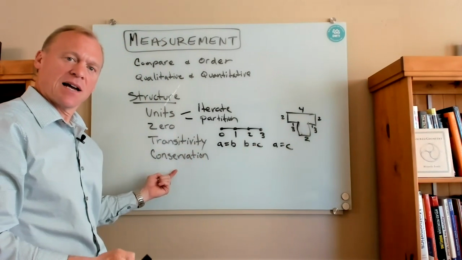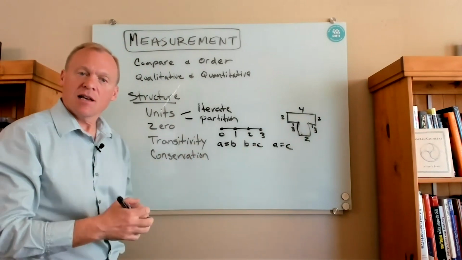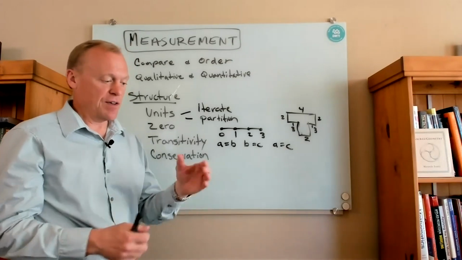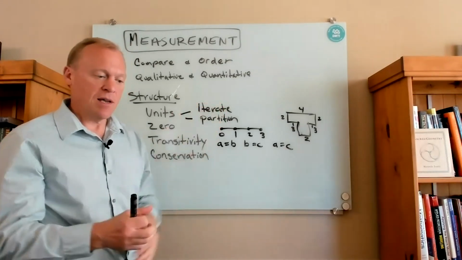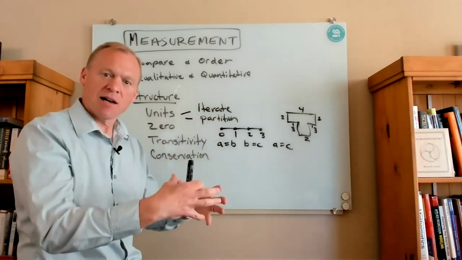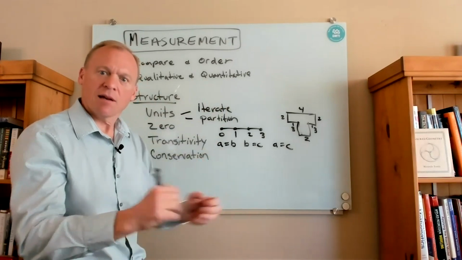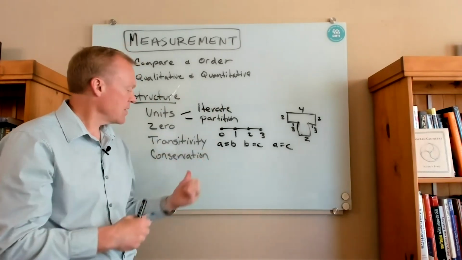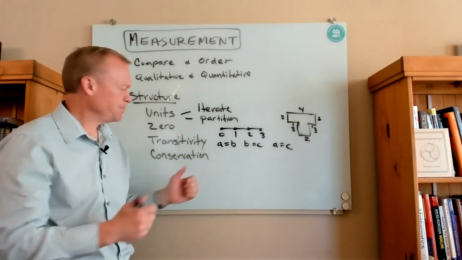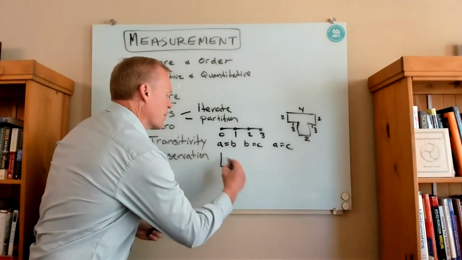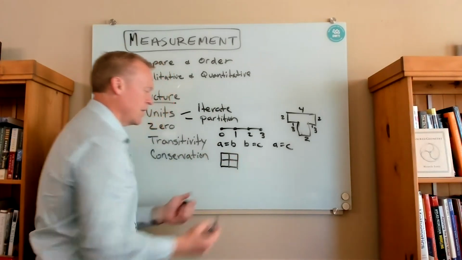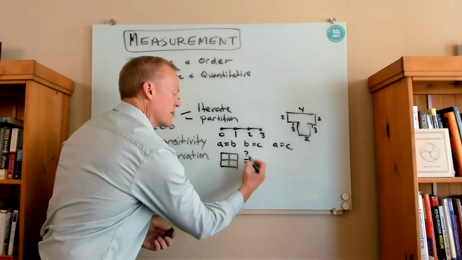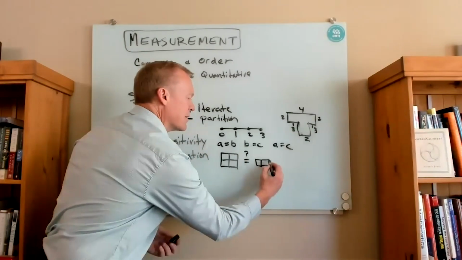The fourth big idea is conservation. So a lot of people remember the Piagetian task where you fill one tall glass with water. You take that same amount of water and you put it into another glass that's shorter, wider, and you ask kids, is it the same amount of water? And a lot of them are saying, no, it's not. So that's conservation. And it is also things where if I have 4 here, is that the same as this amount here?